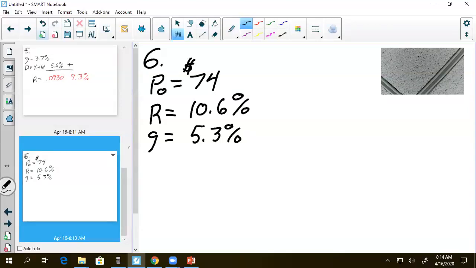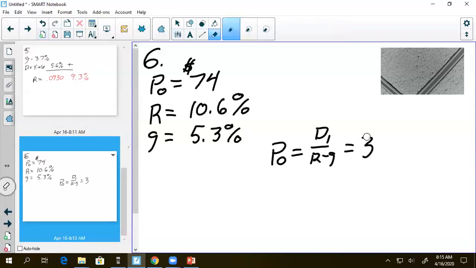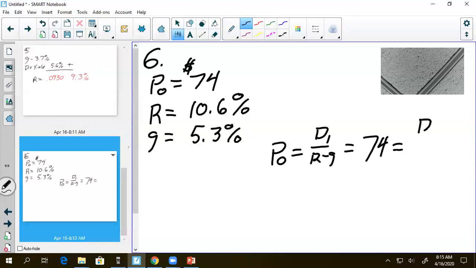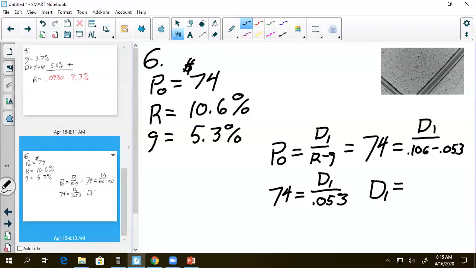So let's see. If we do that, we've got P0 equals D1 over R minus g. So we have 74 equals D1 over 0.106 minus 0.053, right? So you get D1 equals what? 3.92.